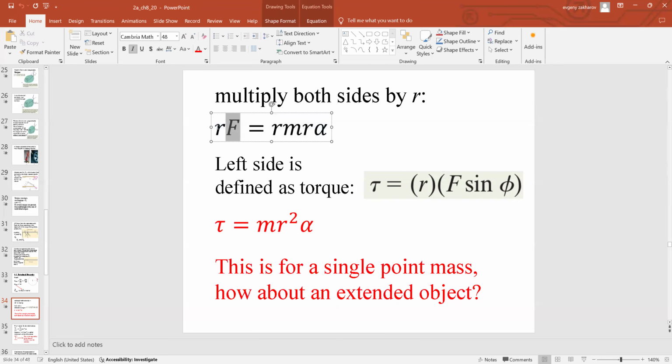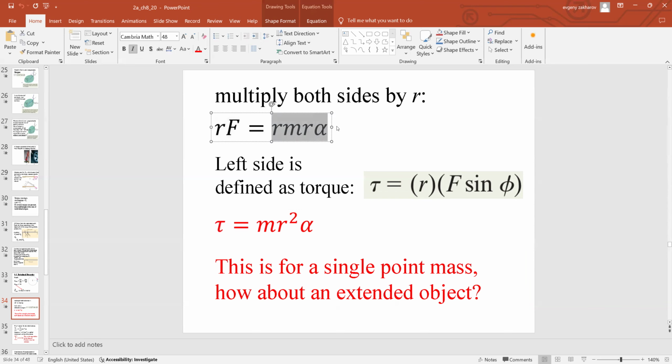And what you see on the left side after the multiplication is what we defined as torque, r times F. So the left side becomes the torque when the sine of the angle is just 1. So for the sine function, you need 90 degrees, and you get the maximum value.